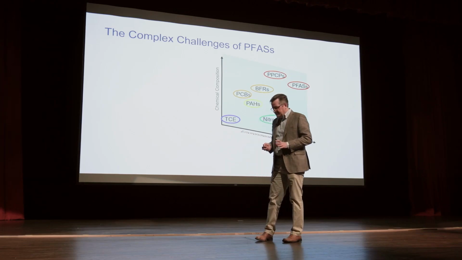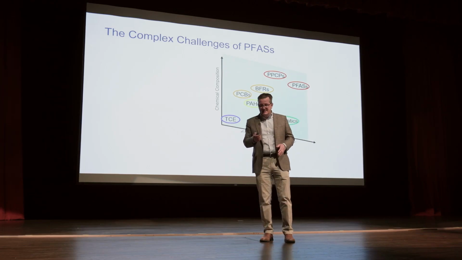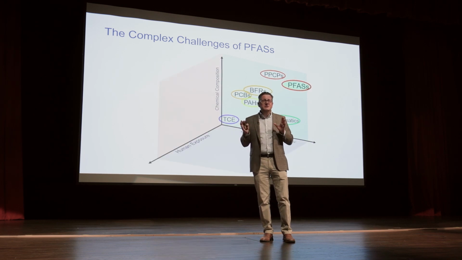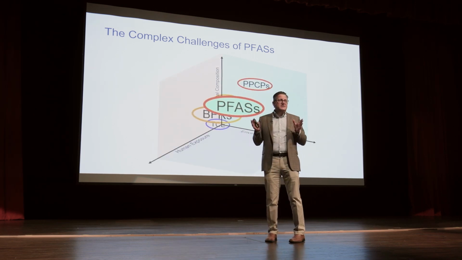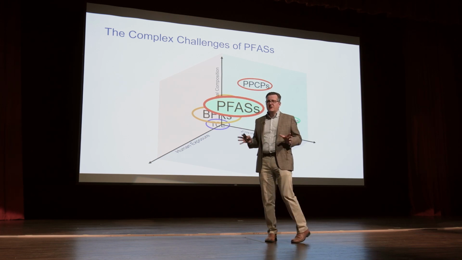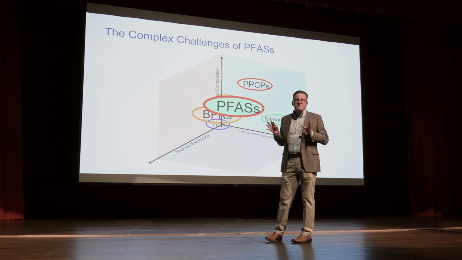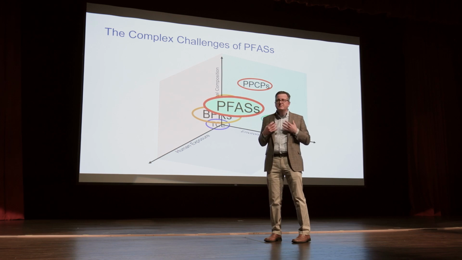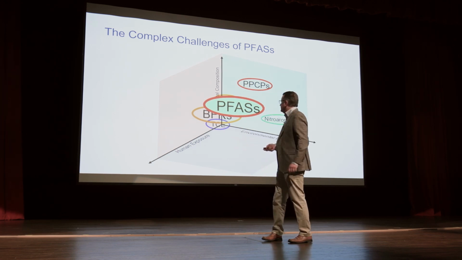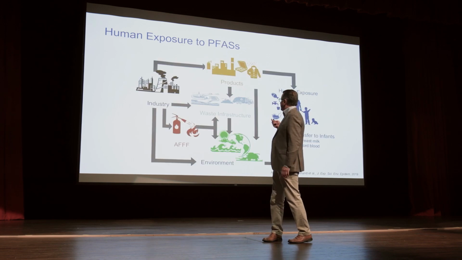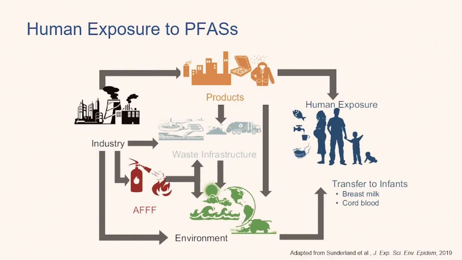The third dimension, which I think really makes it pretty complex, is the issue of exposure. If we think about exposure, it is actually really complex, much more complex than for many of the other compounds. And that's where I think PFASs really do take the cake with respect to complexity. What I mean here is that if we're looking at wildlife or humans, we can be exposed to these compounds through a variety of means.